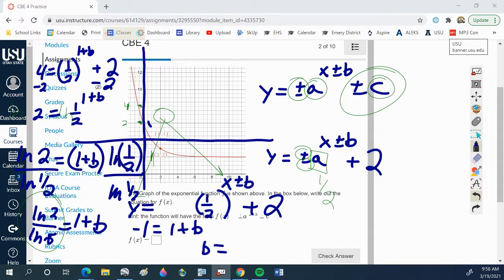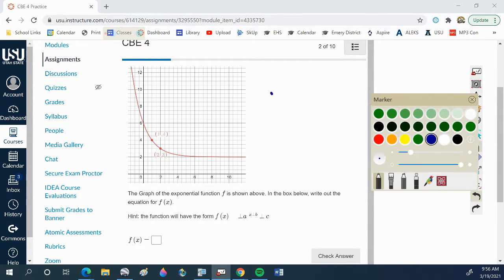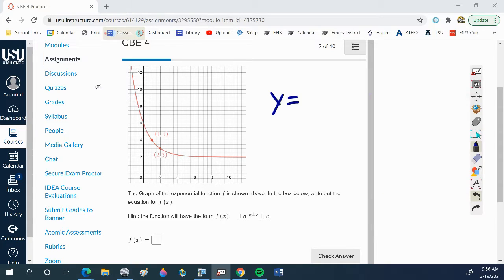So b must be -2. So that's a lot of work to figure out that the equation is y equals 0.5 to the x minus 2, plus 2. And that method will work every time, but that was a lot of work.